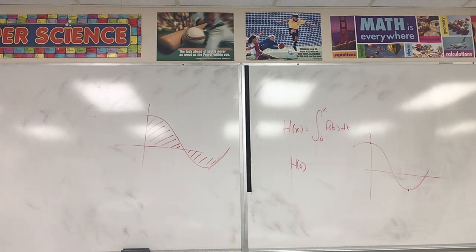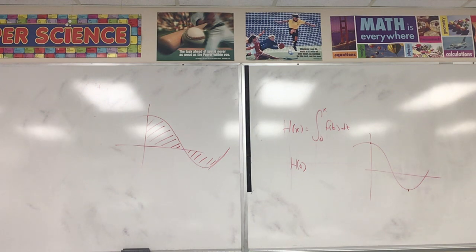Well, wouldn't we have to take the area from 0 to 6? No, we're not looking for the total area. We're looking for the integral. The integral is not total area. If we wanted total area like we did earlier, we would have to split it up. But here we don't. We just want to know the area from 0 to 12.